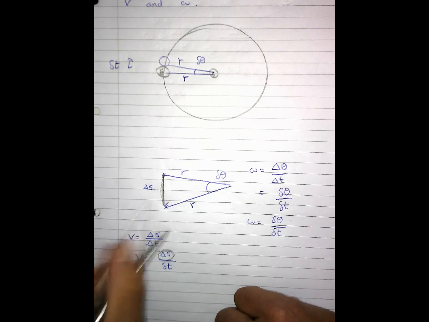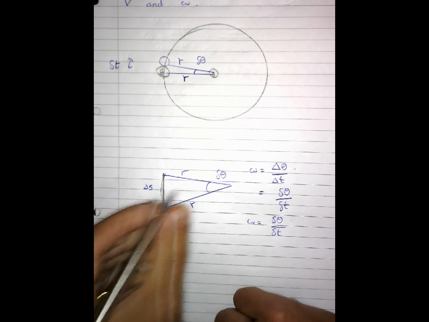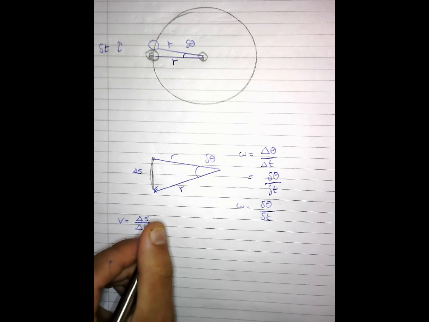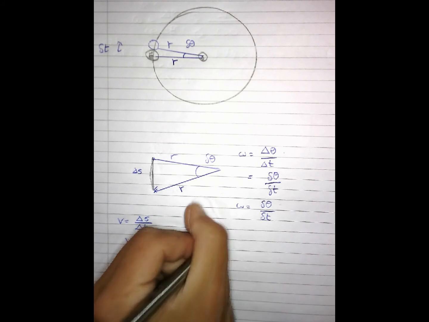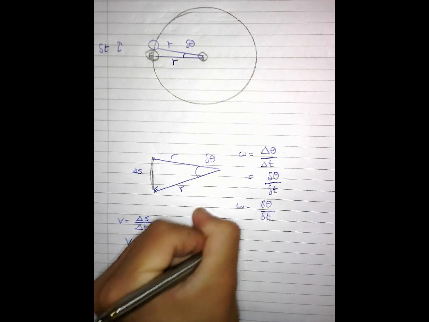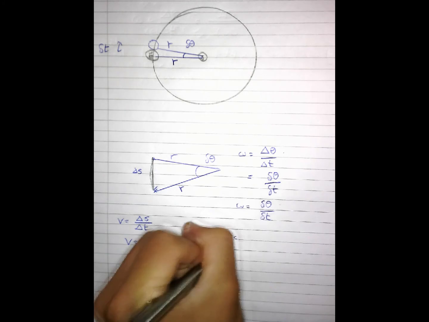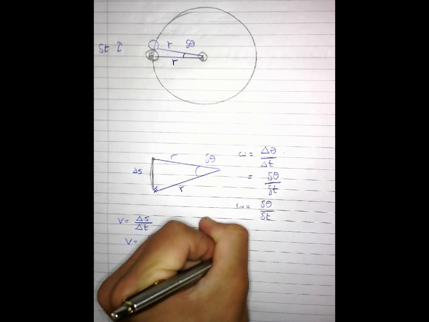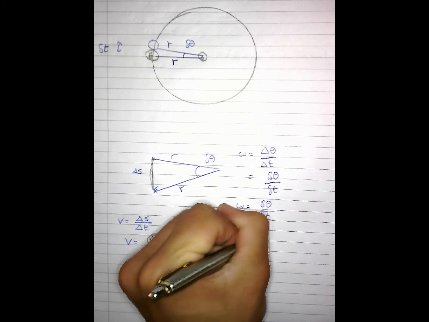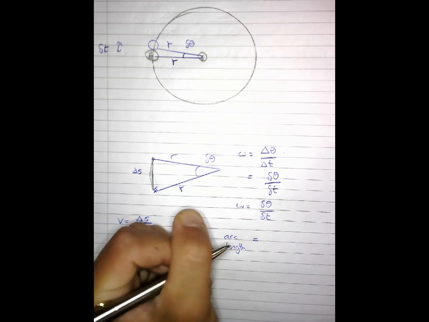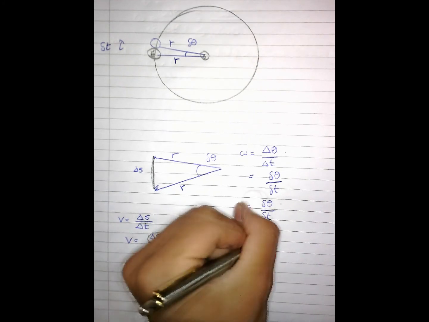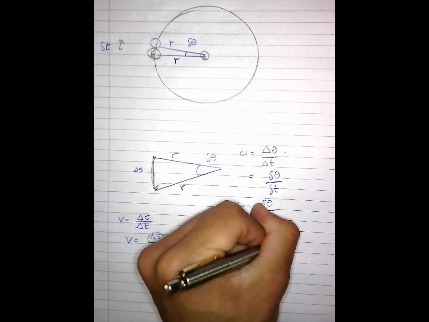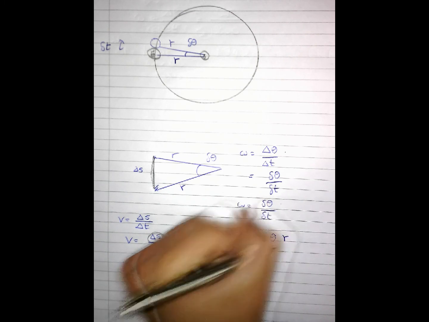Now, with this displacement delta s, I want you to think back to your maths and this idea of arc length. So arc length is going to be important in this topic, and it's given by the formula theta r.